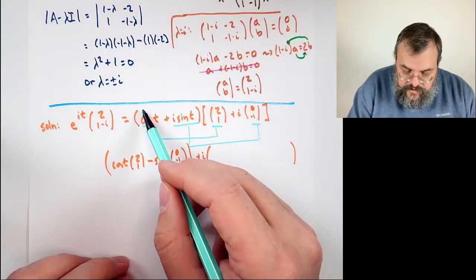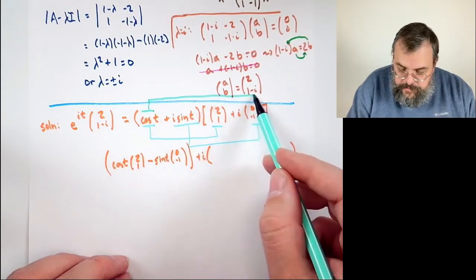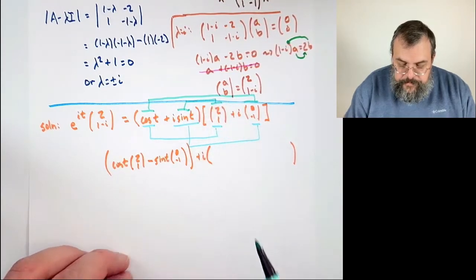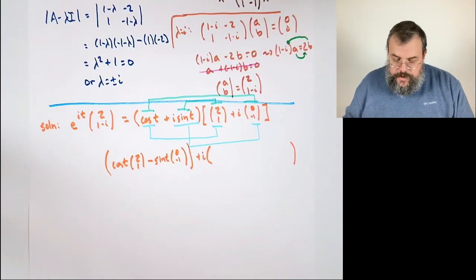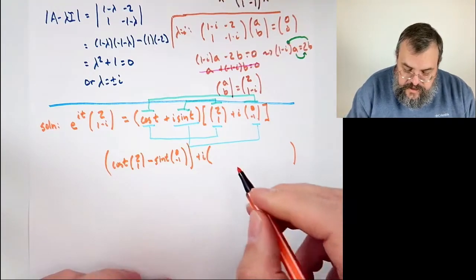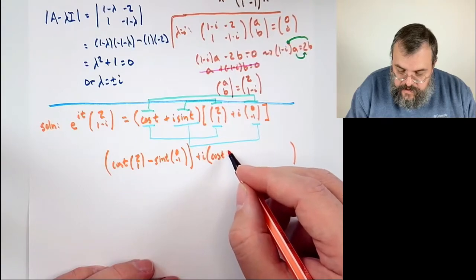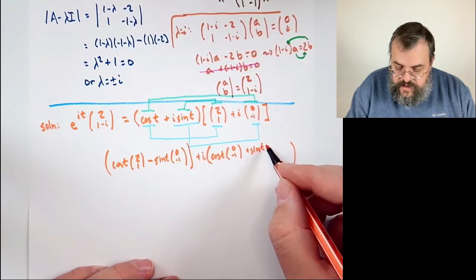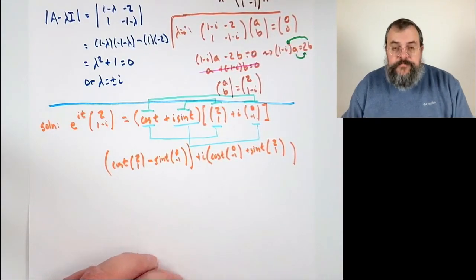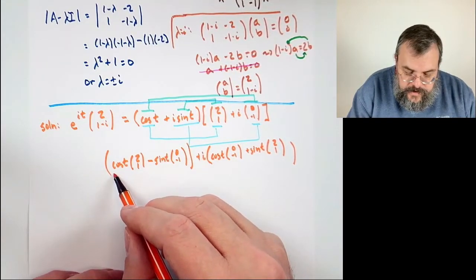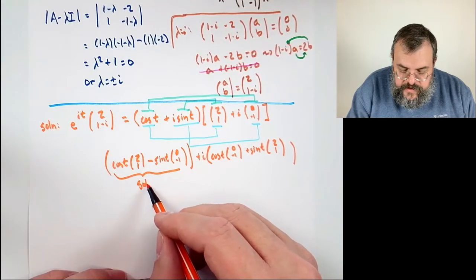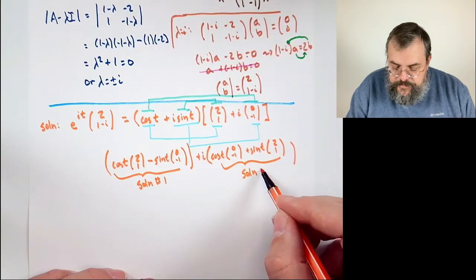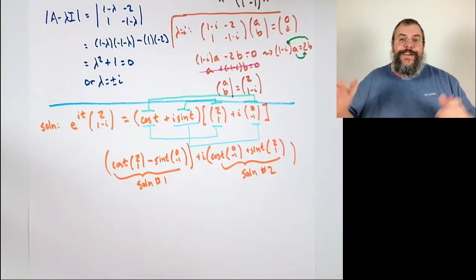So we're going to take the cosine times the imaginary part and the sine times the real part. So we're going to end up with cosine t times (0, minus 1) plus sine of t times (2, 1). And now we say, okay, here's solution number 1, and here's solution number 2. All right, good.